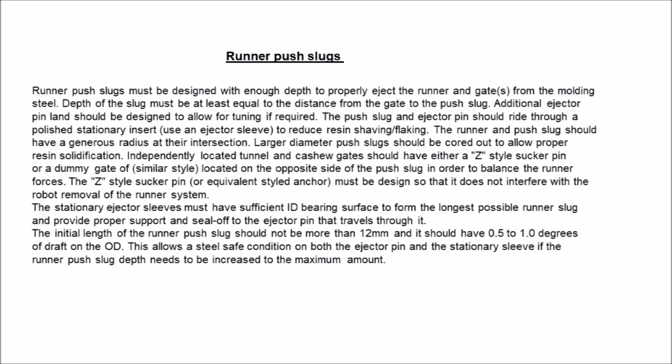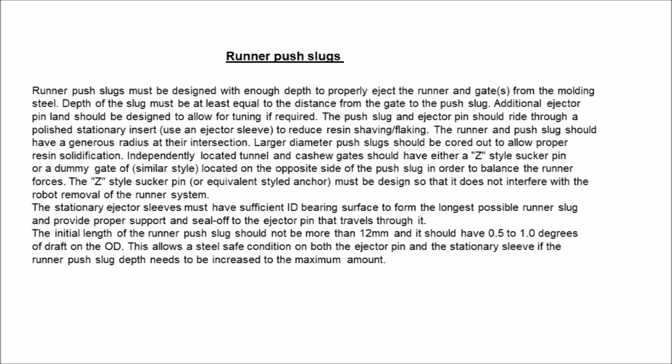The push slug and ejector pin should ride through a polished stationary insert. Use an ejector sleeve to reduce resin shaving or flaking. The runner and push slug should have a generous radius at their intersection. Larger diameter push slugs should be cored out to allow proper resin solidification.